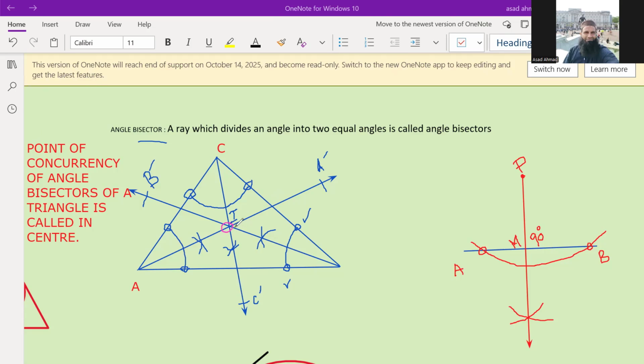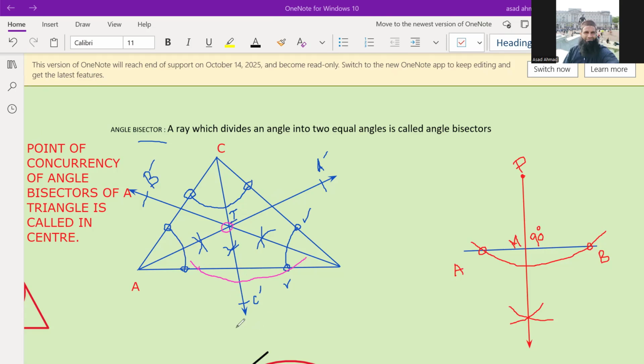For convenience, we will continue the same process by taking I as center. We will put the nib of the compass right at point I, the incenter of the triangle. We will draw one arc in such a way that it intersects the opposite side at two points, and from these two points we will draw further arcs.